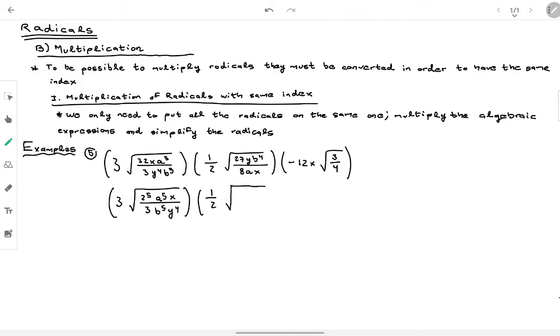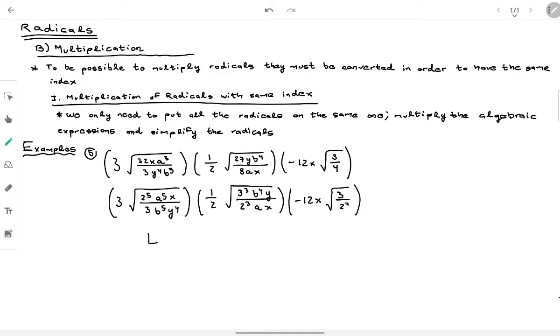We can decompose it and it's going to be 3 cubed. If we put it in order, b to the 4y. 8, it's 2 times 2 times 2, so 2 cubed, ax. That multiplies minus 12x, the square root of 3 divided by 2 squared.